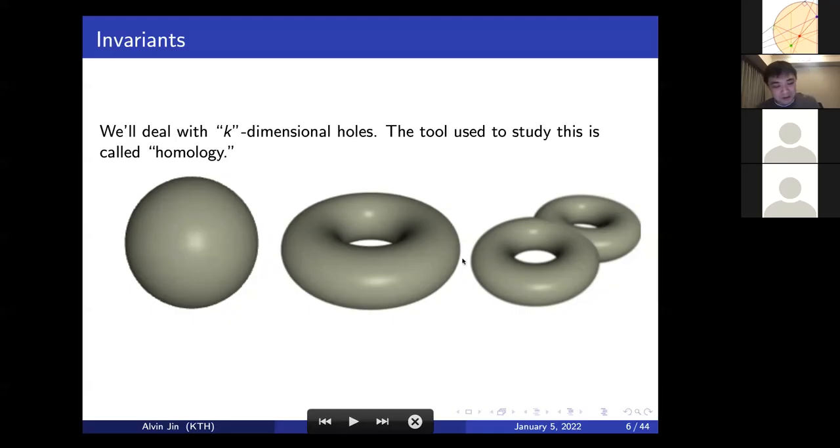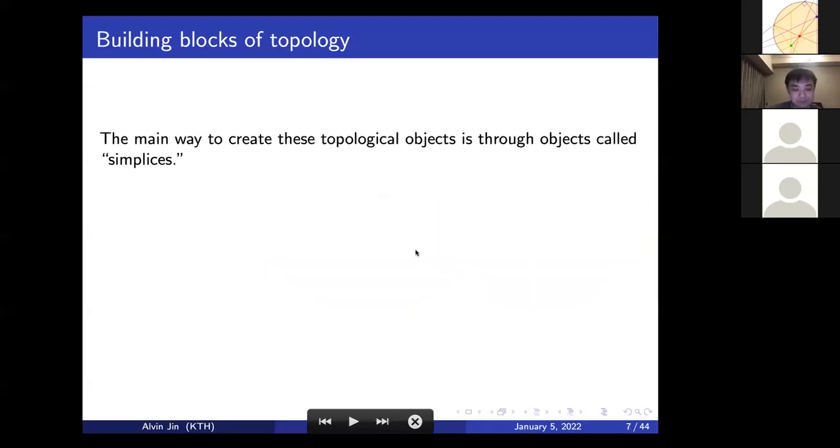But some intuition is a 0-dimensional hole is how many connected components there are. A 1-dimensional hole corresponds to a circle, and so on and so forth. A circle has a one-dimensional hole, this torus has a two-dimensional hole, and so on. So we're going to use this idea of holes to study this evasion path problem.